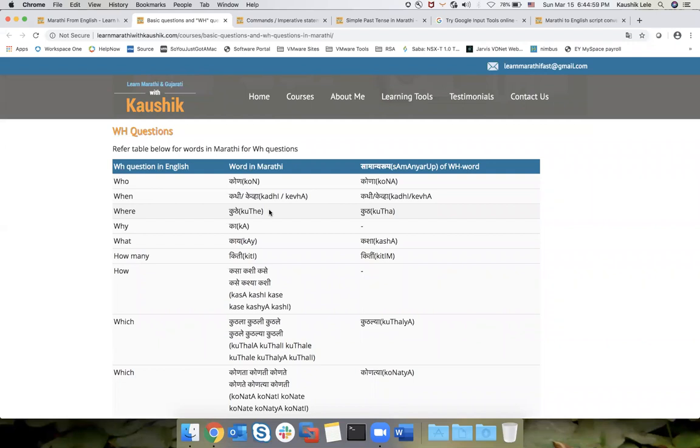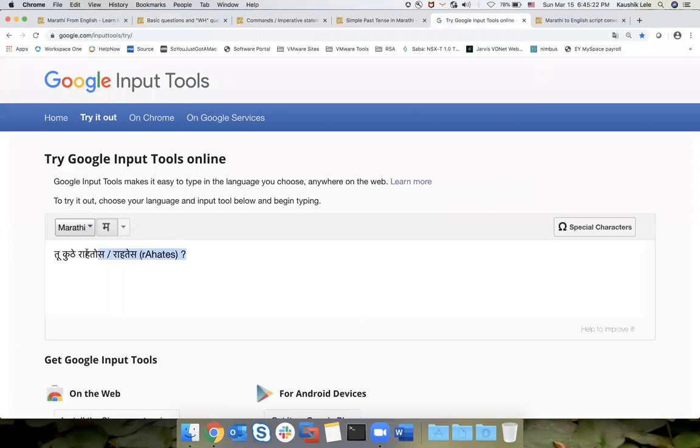Tumhi kute kam kartat is with T in the end, right? No, only ta. तुम्ही कुठे काम करता?